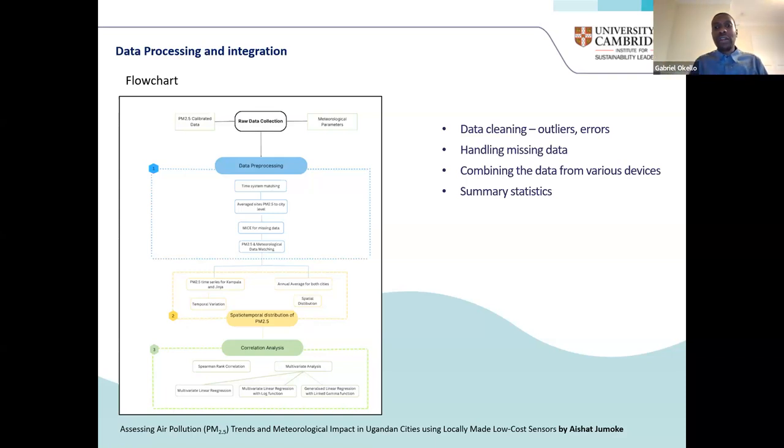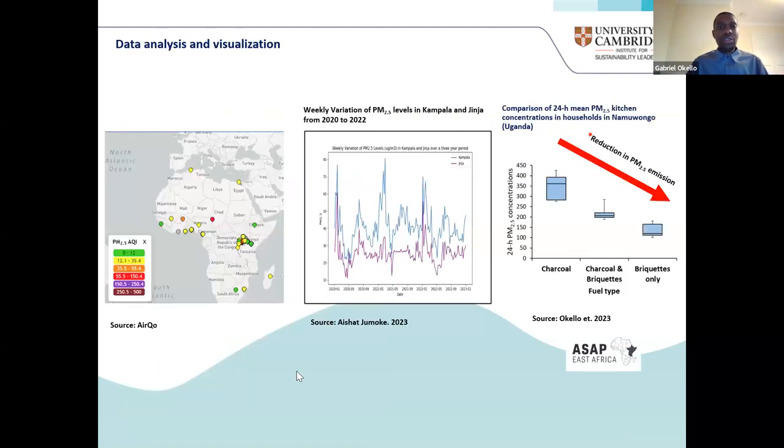Then, when you're processing your data, as you're going to the stage of analysis, you need to look at what summary statistics you need. Do you need 24-hour averages? Do you need the averages per week? Do you need monthly averages? Do you need annual averages?